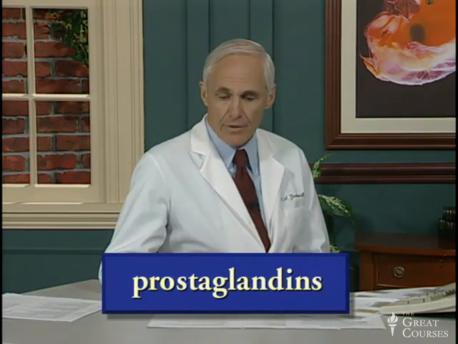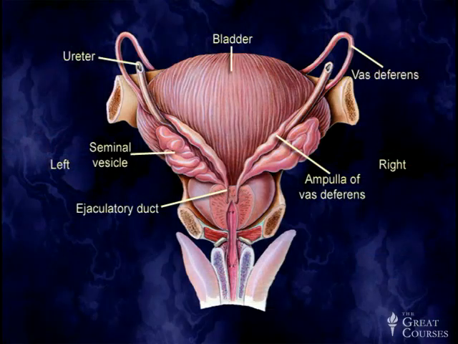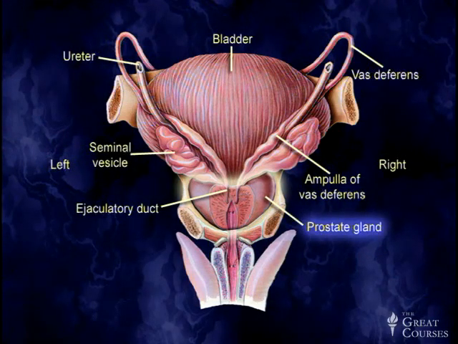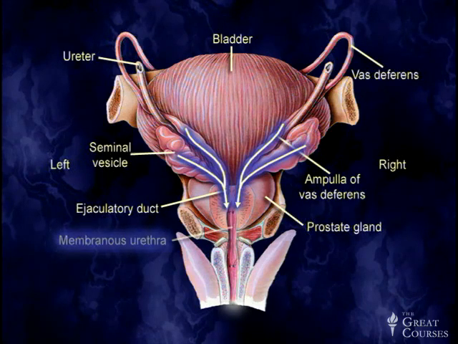It also has some material called prostaglandins, which are chemicals that increase sperm motility, makes them wiggle their tails a little faster. And this lies at the base of the bladder, right next to the prostate. What will happen during ejaculation is that the seminal vesicle fluid will mix with the sperm just before it comes out through the openings into the urethra right in the middle of the prostate.